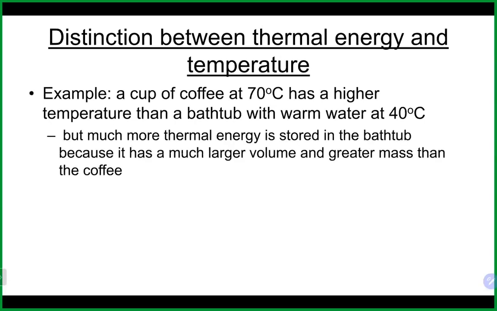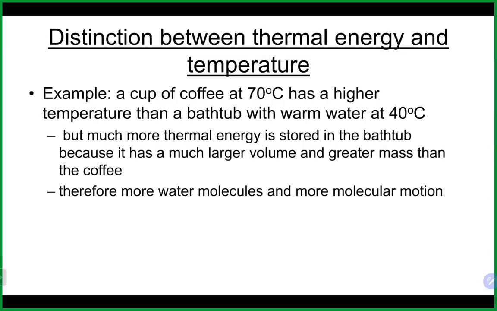So when we talk about the difference between temperature and thermal energy, for example, if we had a cup of hot water or coffee at 70 degrees Celsius versus a bathtub at 40 degrees Celsius, the bathtub will contain a lot more water molecules than the cup. So it's going to have a lot more stored thermal energy because of the motion of all those molecules.